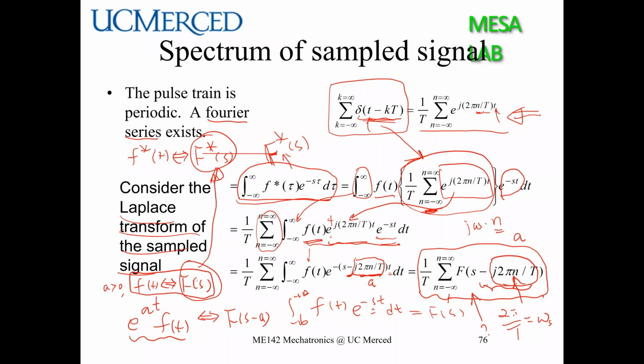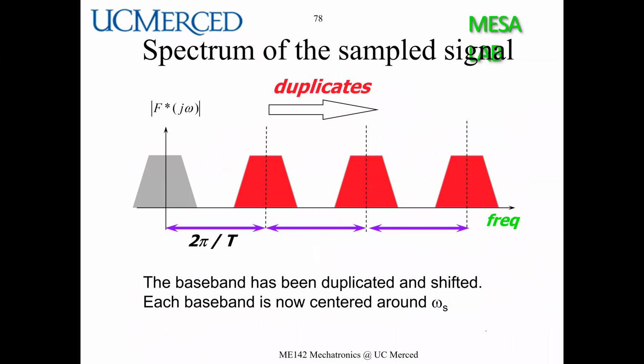The visualization of this one is, you are going to have the original F(j omega). This thing is your original continuous F(j omega). After sampling, you have F star(j omega). You are going to have n is 0, n is 1, n is 2, n is 3.